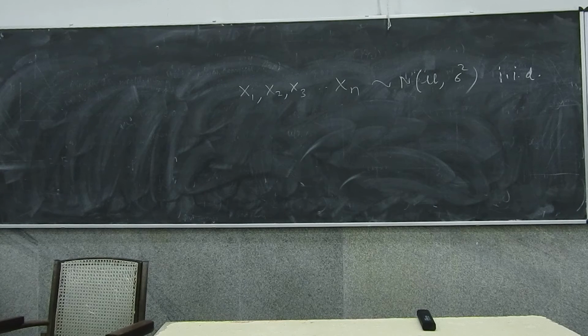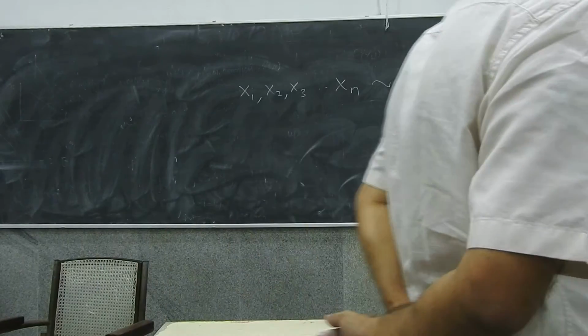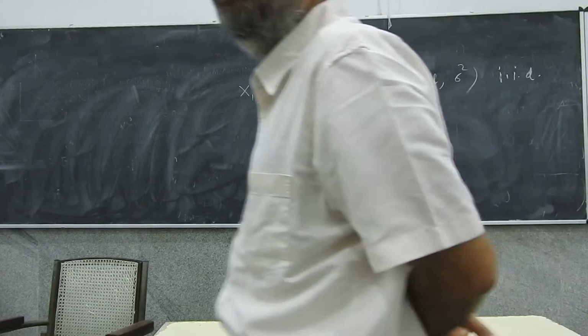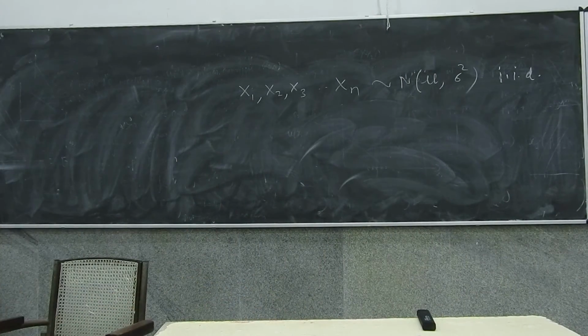This says that x1, x2, x3, x4, x5, x6 and so on till xn is a random sample of size n from a normally distributed population which has mean mu and variance sigma square. So x1, x2, x3, xn is a random sample.